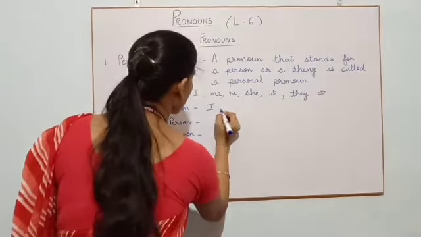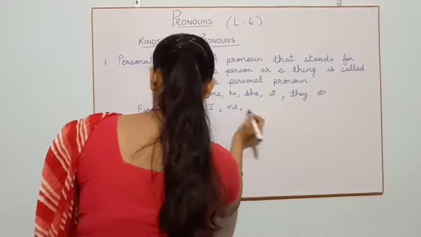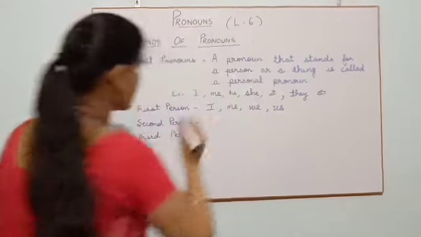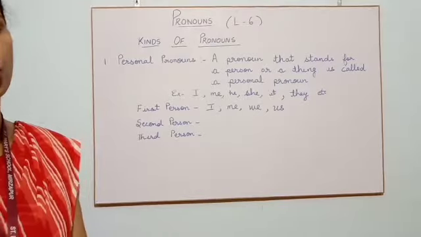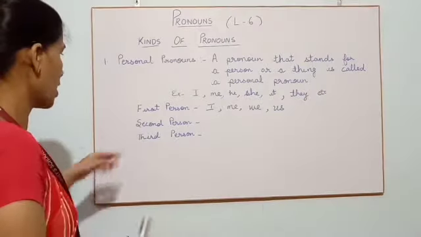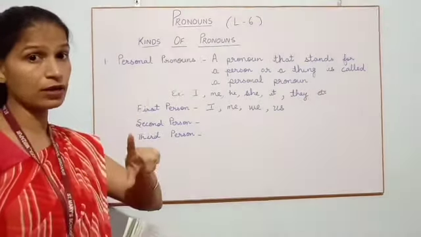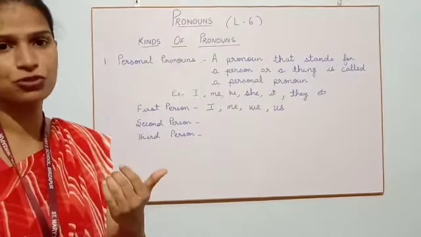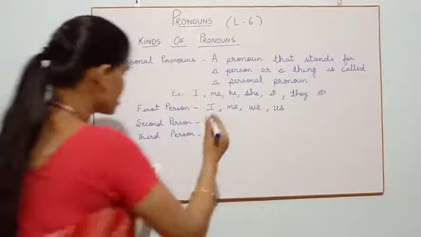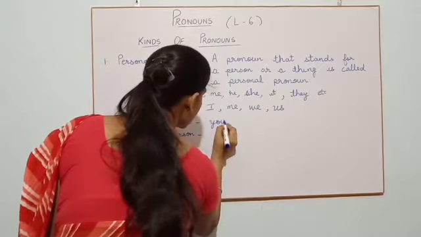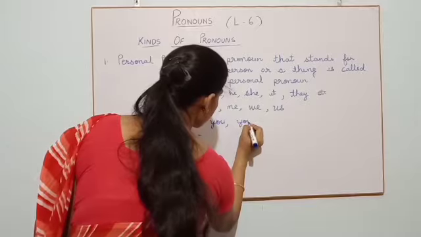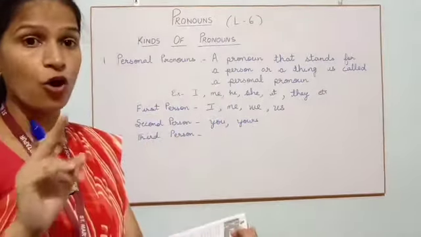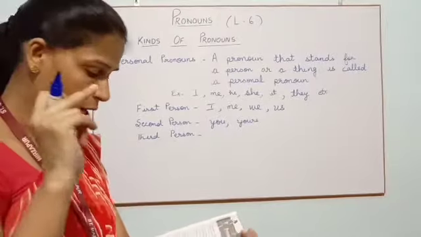I, me, we, and us. These you can use for your first person. Second person is the one with whom you are talking or who is listening to you. So, it is you and yours. Third person is the one whom we are talking about.